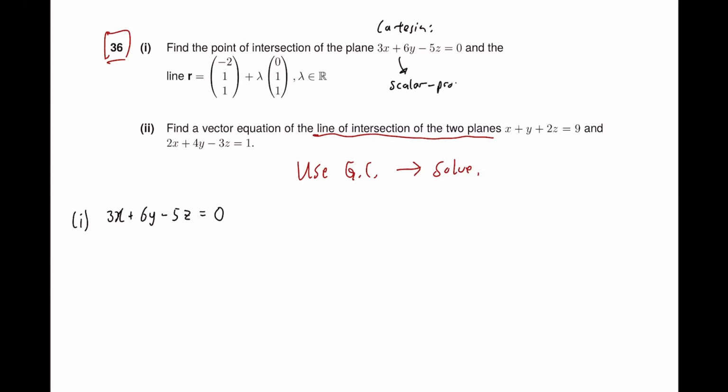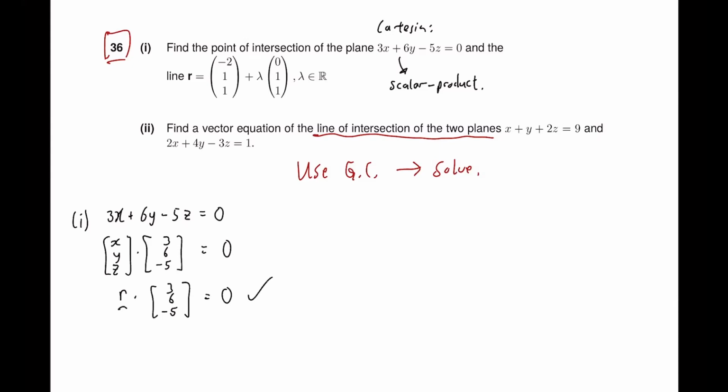So I think I misspoke here. The scalar product form straight away. How do we do that? What we realize is that you can rewrite this as XYZ dot product with 3, 6, minus 5. Agree? Then what is XYZ? It's just a generic vector r. So it's r dot 3, 6, minus 5. Then there we go. That's our scalar product form.